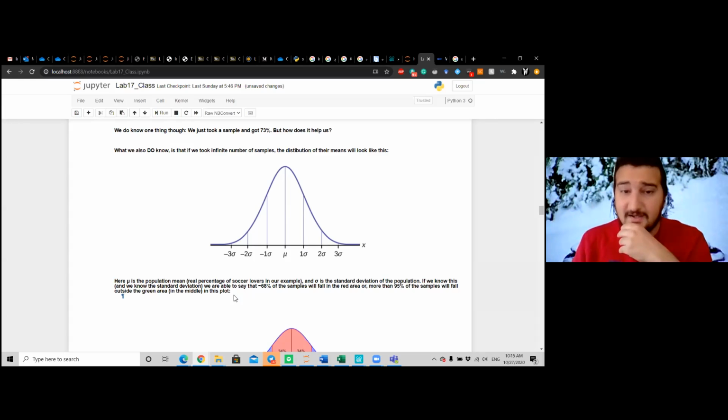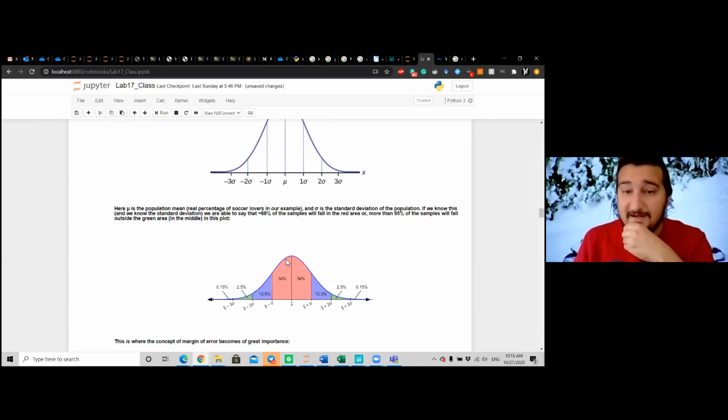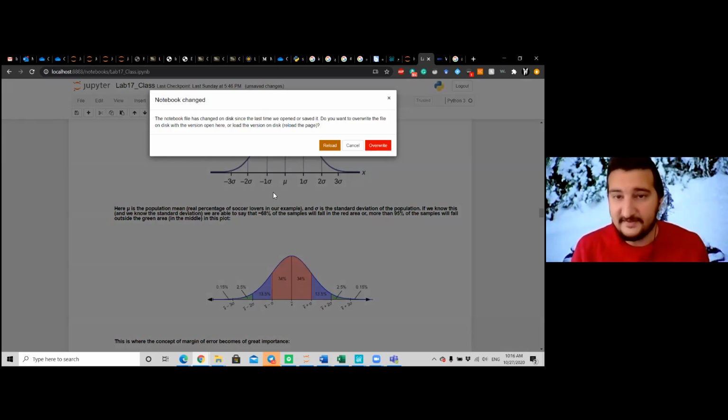And based on this, we are able to say that 68% of the samples will fall in the red area, and more than 95% of the samples will fall inside the green area. So these two plots are very similar.